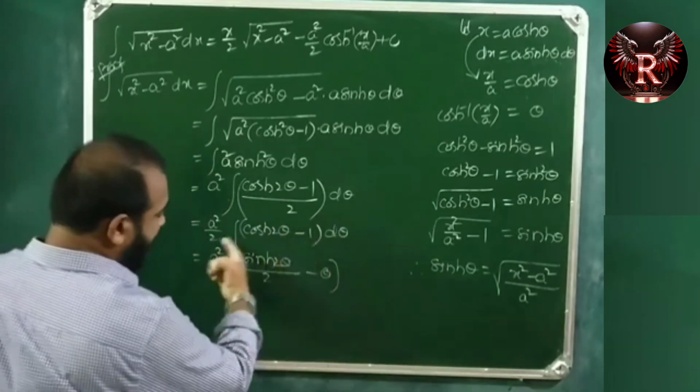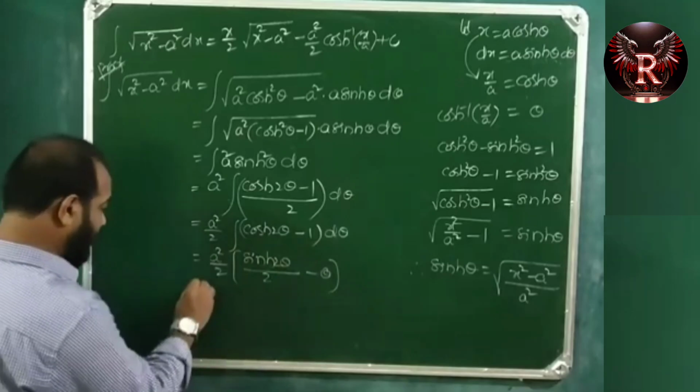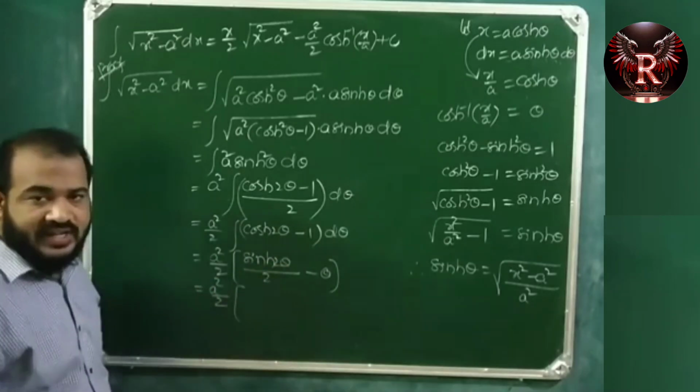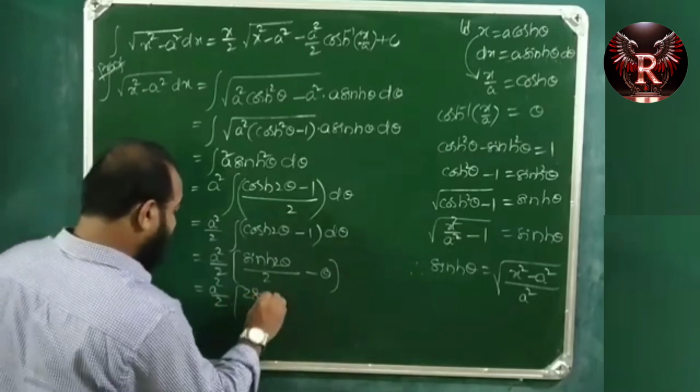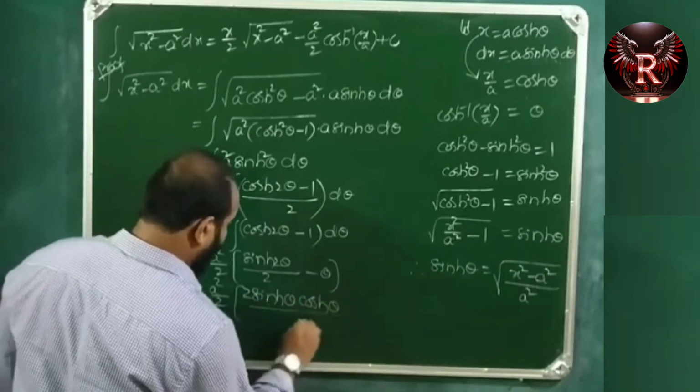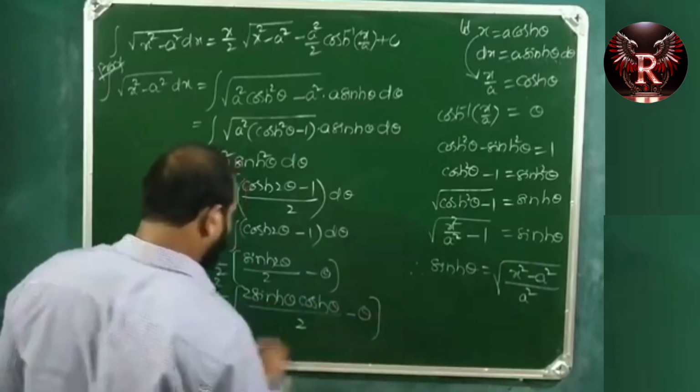So the integration process is over. So this is a square by 2, again sin h 2 theta is 2 sin h theta into cos h theta by 2 minus theta.